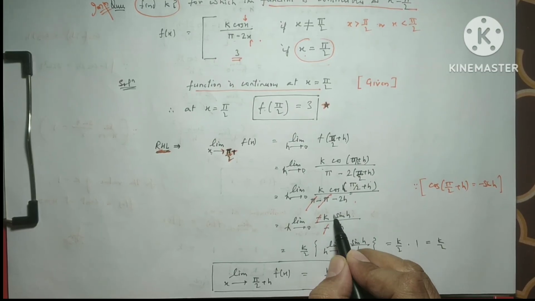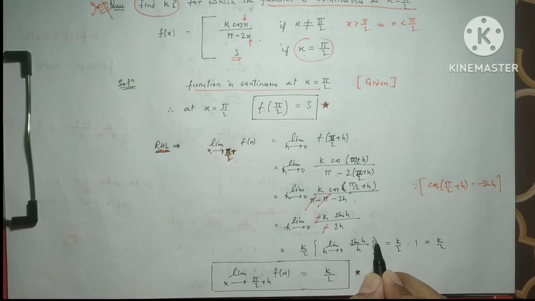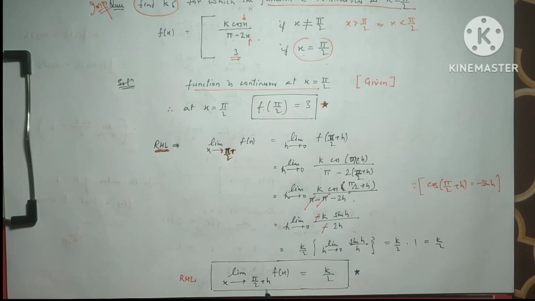So we extract k by 2, and there is limit h tends to 0 of sin h over h, which we already know is 1, so k by 2 into 1 is k by 2. It means the right hand limit of the function is k by 2.